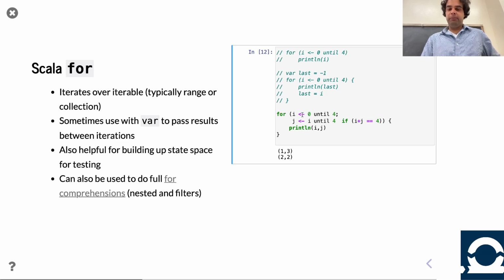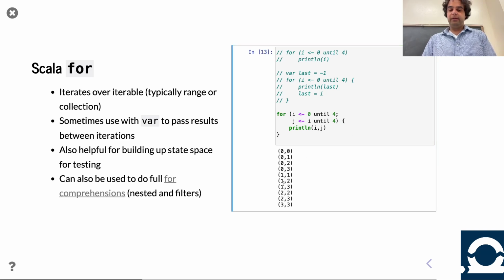In other words, I go from 0 until 4, so 0, 1, 2, 3, and j goes from whatever value i is until 4. And then I'm only printing it when the condition is satisfied, right? So this is the filter applied. I can, of course, remove that filter, and then it's these nested loops. That makes sense. It's triangular, right? If I was to remove that, of course, it's all 16 of them.